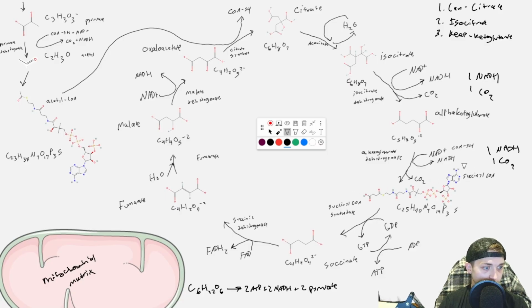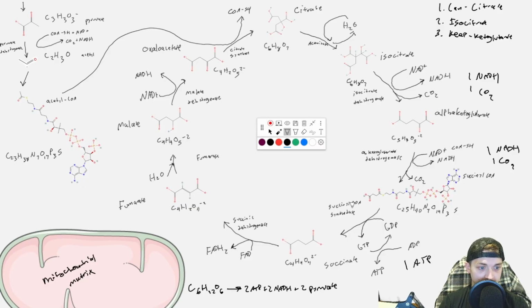Now, succinyl-CoA is going to react with succinyl-CoA synthetase, and in this step, we are going to have a guanosine diphosphate become a guanosine triphosphate, and then when this is formed, we can have an adenosine diphosphate become an adenosine triphosphate. So in this step, we have one ATP.